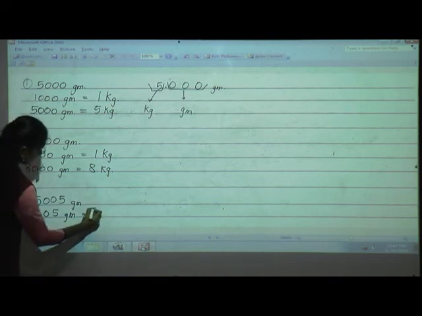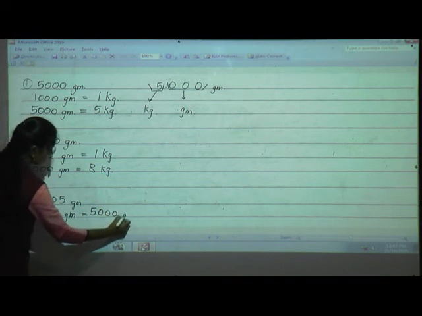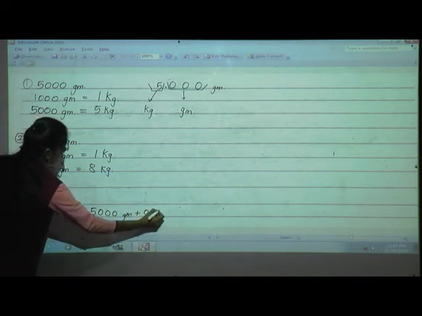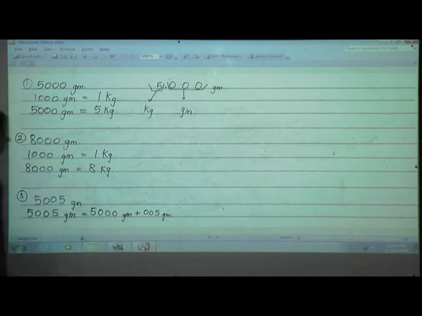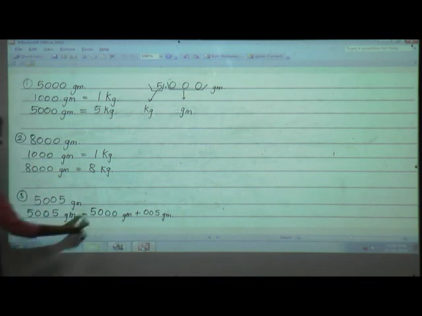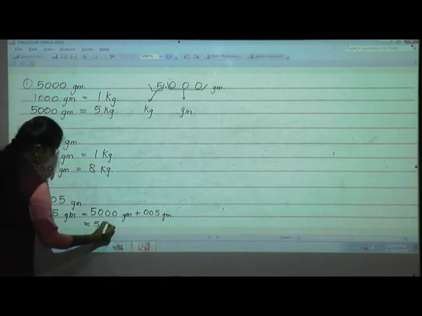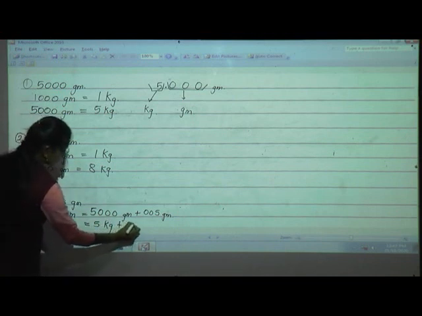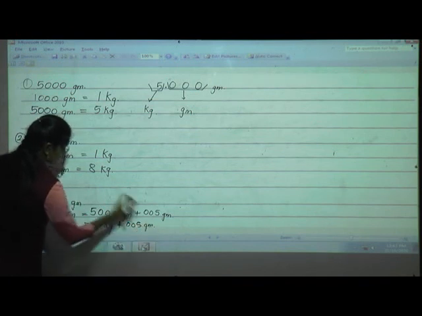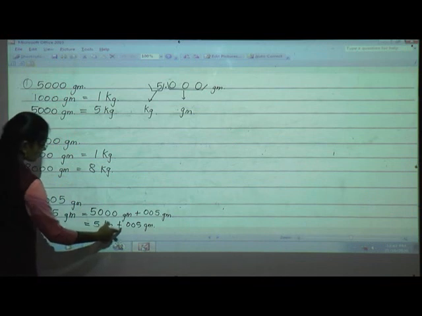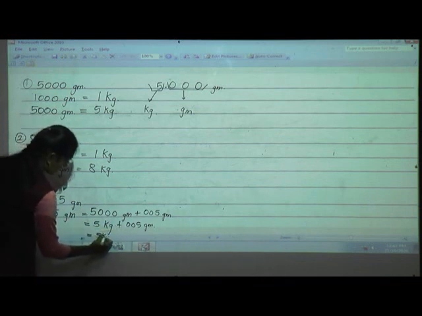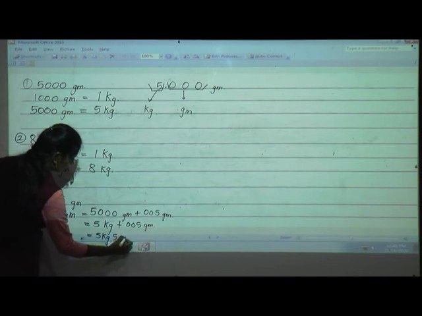So what I will do, 5000 gram plus 5 gram. Now tell me 5000 gram is equal to how many kilograms? Yes, remove these 3 zeros because 1000 gram is equal to 1 kilogram. So 5000 gram is equal to 5 kilogram plus 5 grams. Now 5 kg plus 5 grams is equal to what? 5 kilogram and 5 gram.